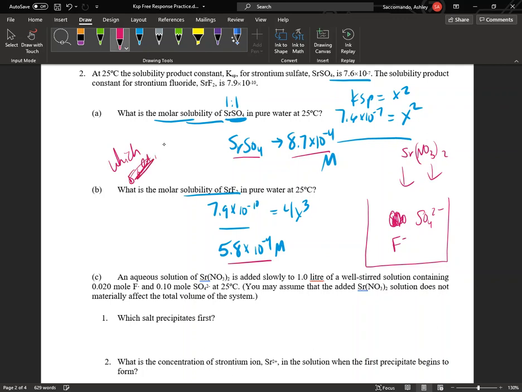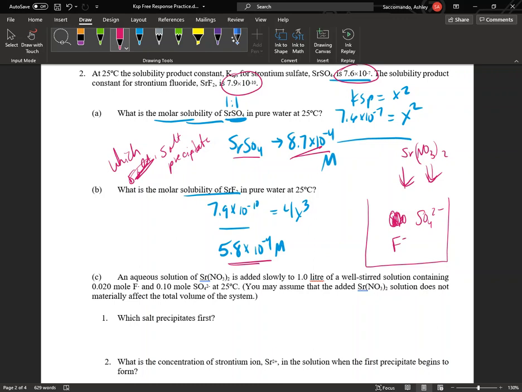Which salt precipitates first based off of this information you've been provided, the molar solubilities of each, the Ksps of each? Is it going to be the strontium sulfate or the strontium fluoride?